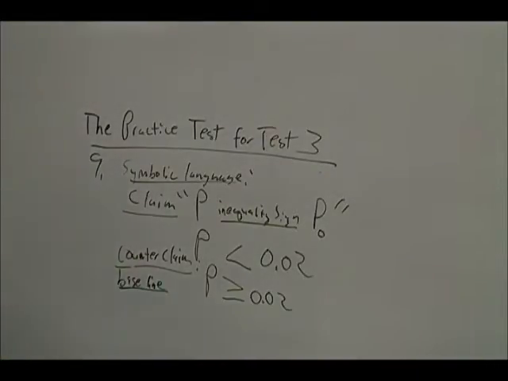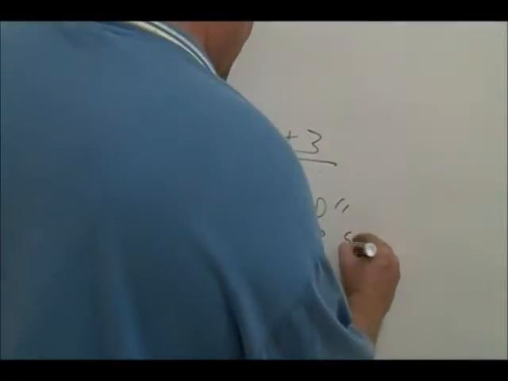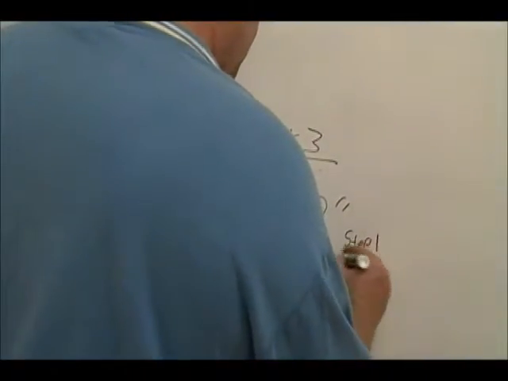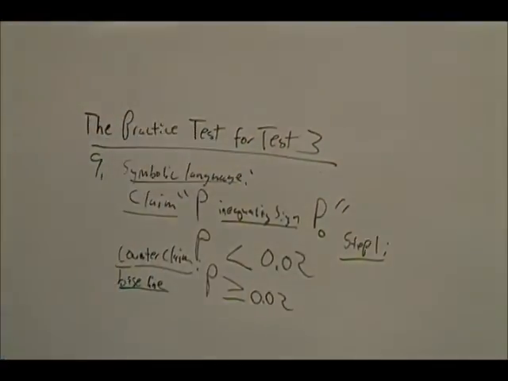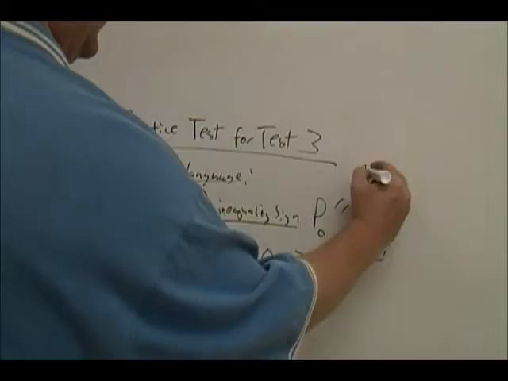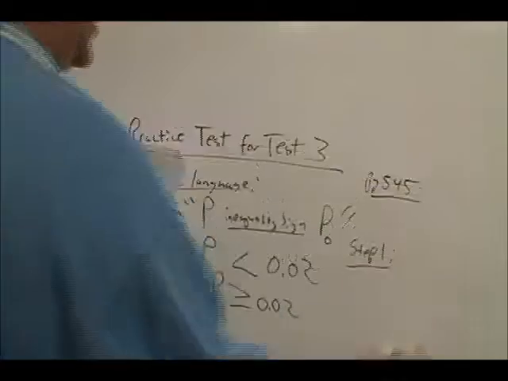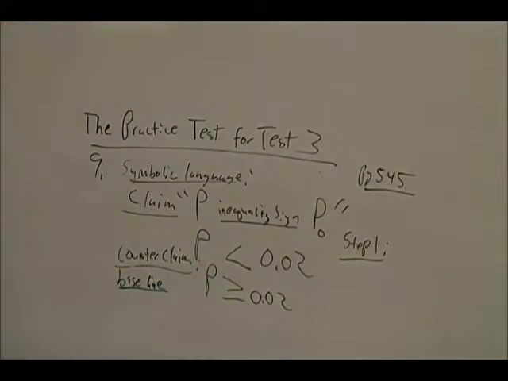Now, remember, for step 1, we have to convert these into a null hypothesis and an alternative hypothesis. So if you look on page 546 of that flowchart that comes in your cheat sheet, we're doing page 545 of that. It's a handout that says page 545 at the top. We're doing the p-value method.